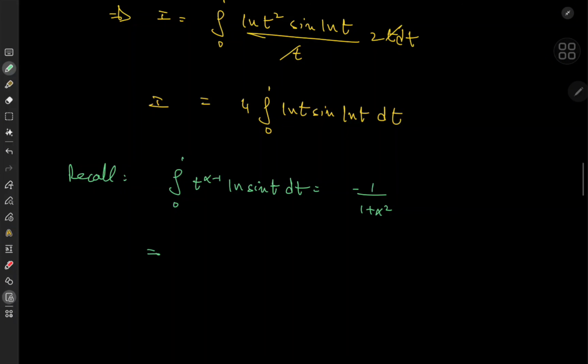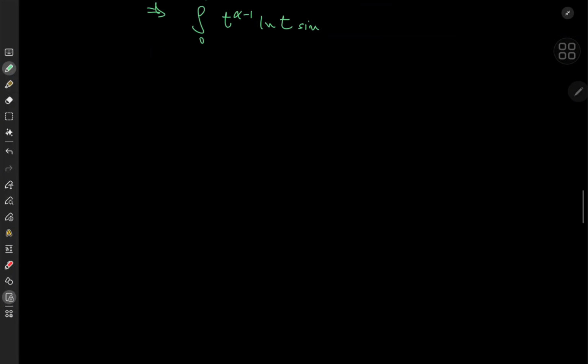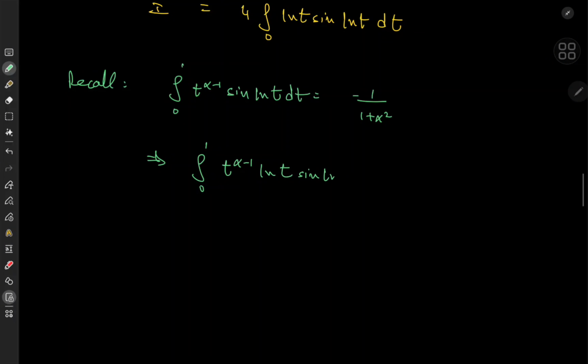And by that token, on differentiating, we get a log t. So we had the integral from 0 to 1 of t to the alpha minus 1 times log t times the sine of log t. So this thing resulted in 2 alpha over 1 plus alpha squared.